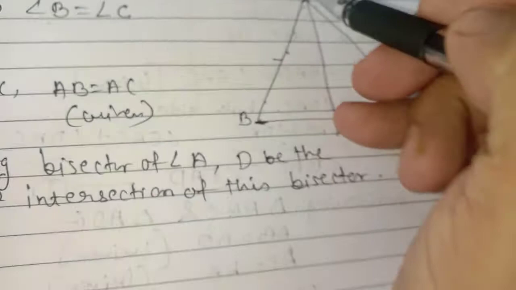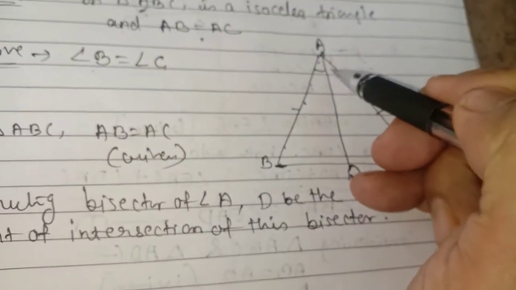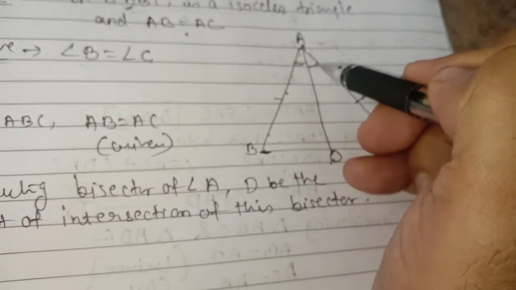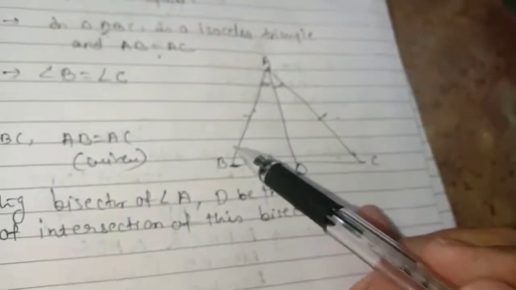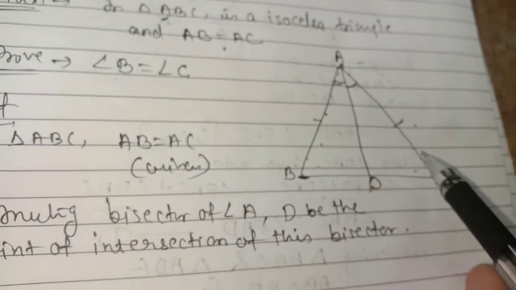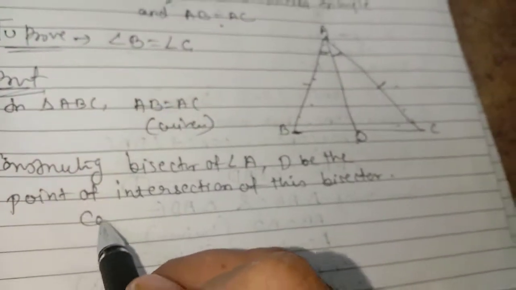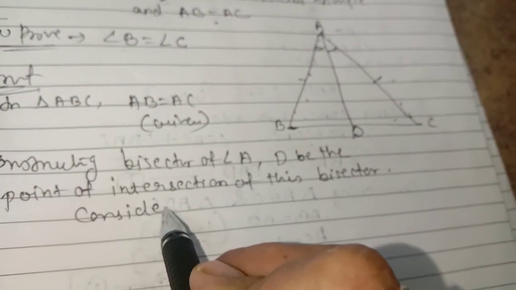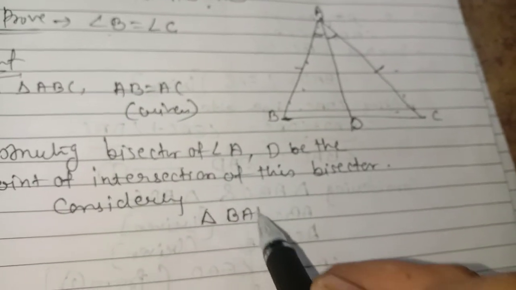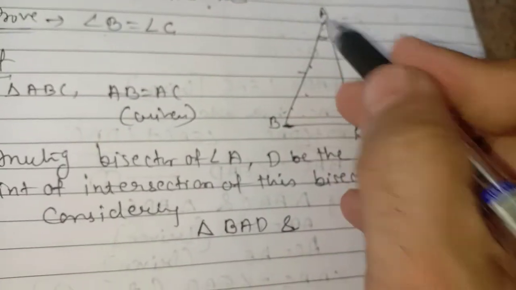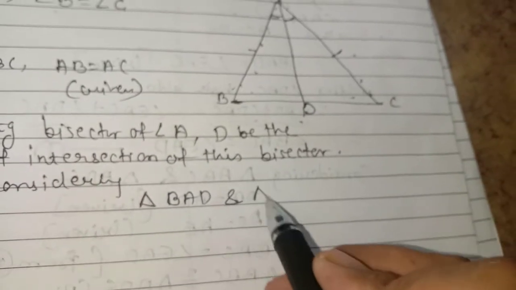So drawing the bisector, what happens? The angle A divides into two equal parts. That we know, the property of the bisector of an angle. So now we have two triangles in the main given triangle. So considering triangle BAD and triangle CAD.